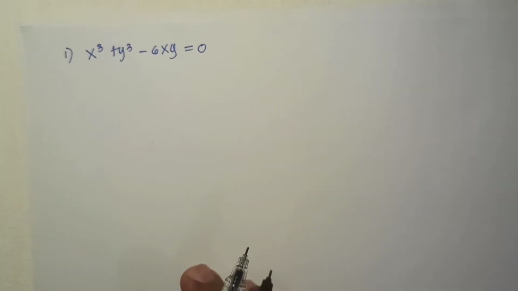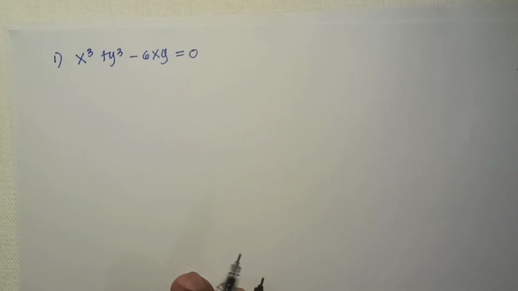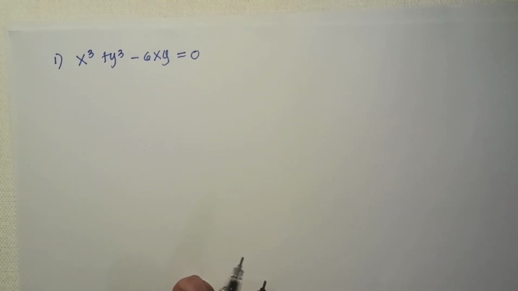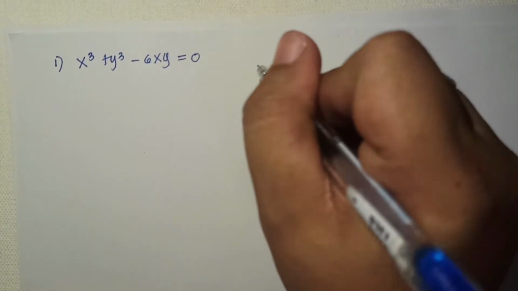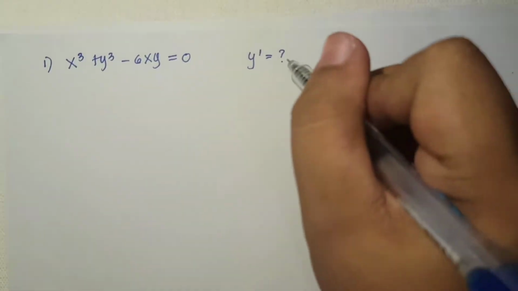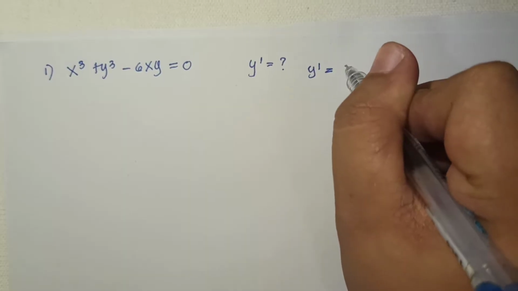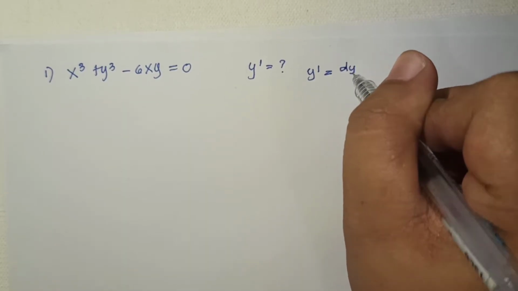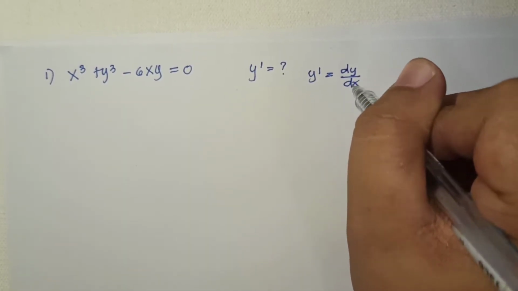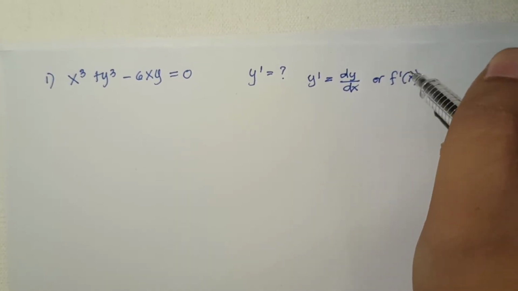Okay, so in question number 1, x cubed plus y cubed minus 6xy is equal to 0. We need to find y prime here, or the first derivative. Y prime is the same as dy over dx, or f prime of x.